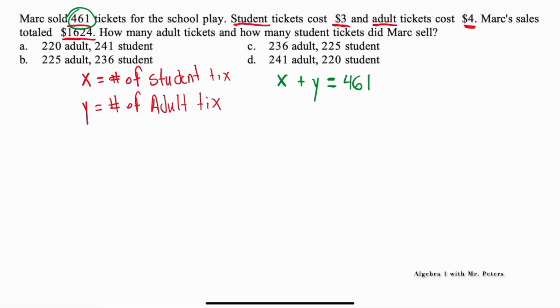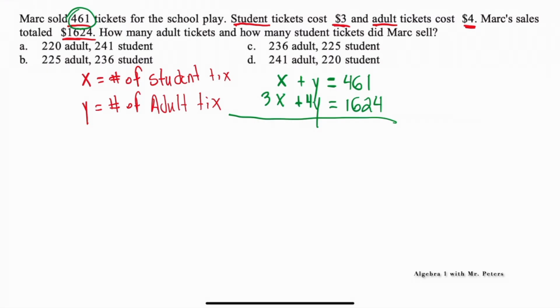Now, the second equation, we're going to factor in the price. So we know that each student ticket costs $3. We don't know how many, but we're going to add that to how many adult tickets we sell, which costs $4. And we know once we combine those sales, it's going to equal 1,624. So now we created our systems of equations.